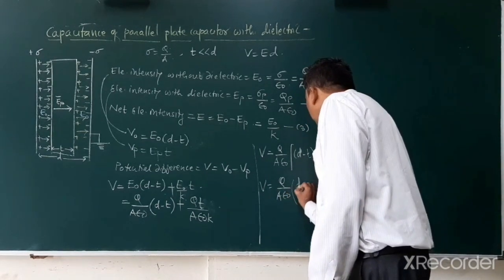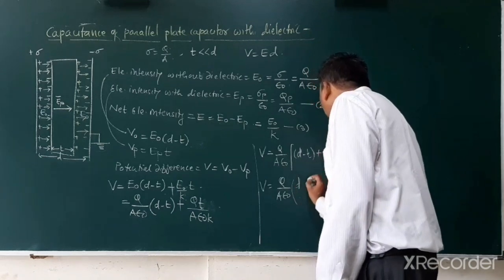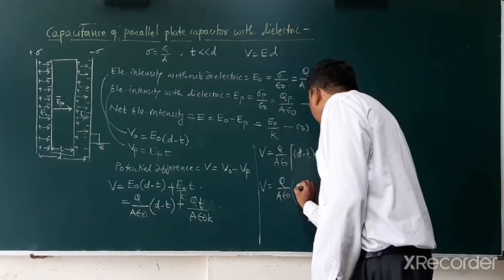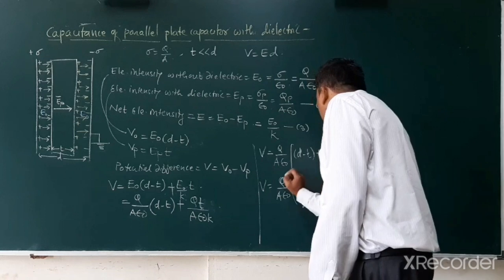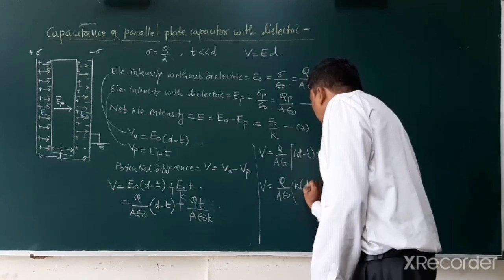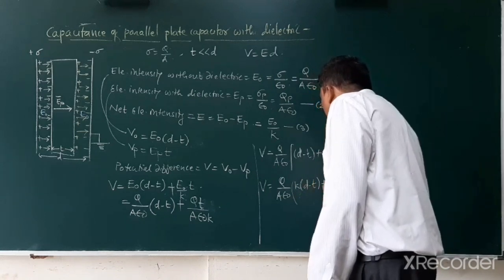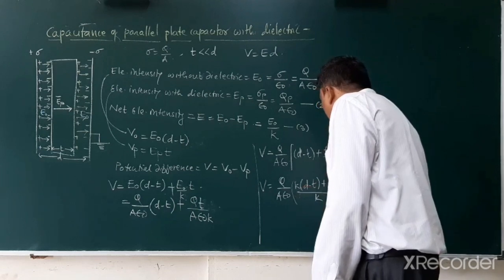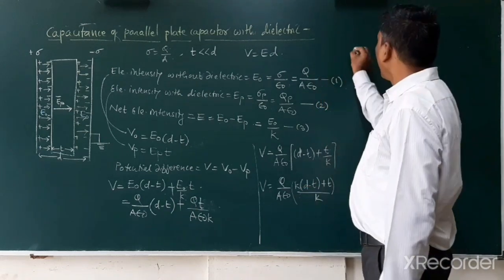So here the term becomes d minus t plus t upon k.